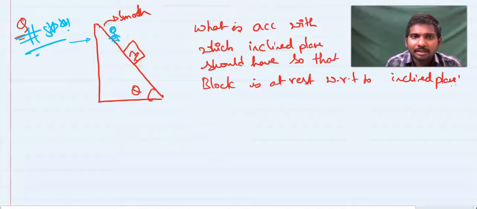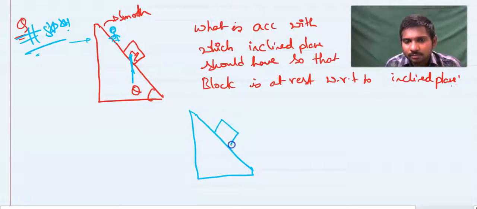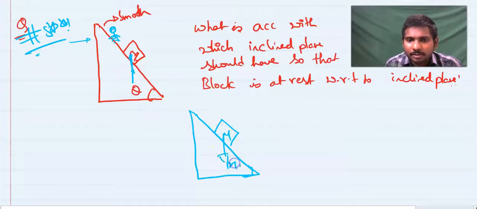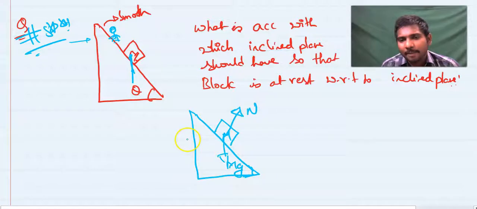So what is the free body diagram of this block? There is mg force. I'll draw the diagram again. There is mg force downwards and normal reaction which is perpendicular to the surface, N. And what should happen to make the block at rest?